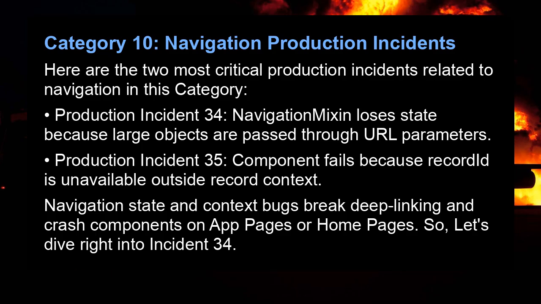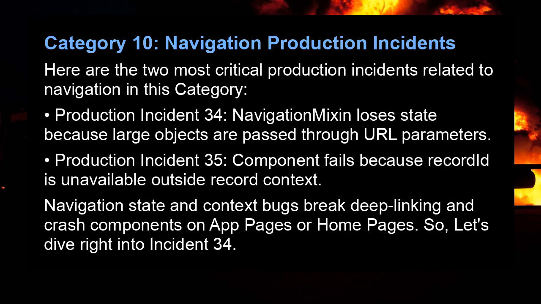Here are the 2 most critical production incidents related to navigation in this category. Production Incident 34. Navigation mixin loses state because large objects are passed through URL parameters. Production Incident 35. Component fails because record ID is unavailable outside record context. Navigation state and context bugs break deep linking and crash components on app pages or home pages.